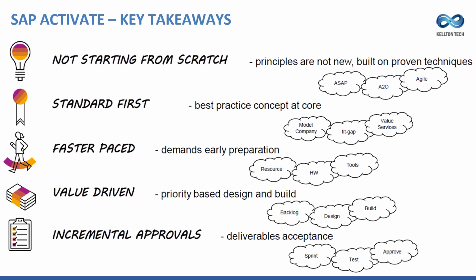They are trying to add the lessons learned and the practices that they were able to find good, and they're embedding them into the Activate methodology. Activate methodology focuses on standards, and best practices is the core. As I mentioned, Activate is built on one of the pillars called best practices. So we can use that.